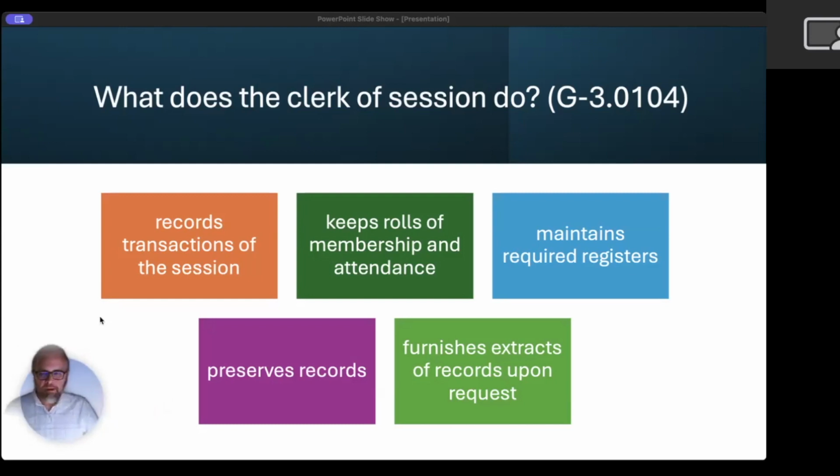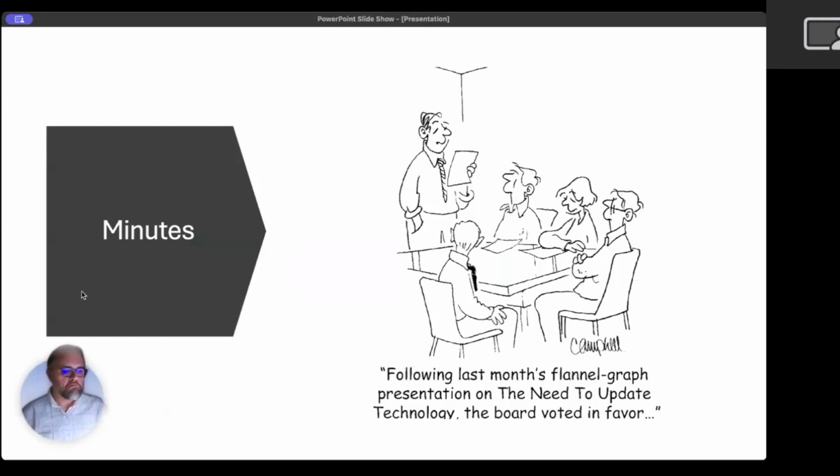We're going to talk about the first of these boxes, recording the transactions of the session. This is better known as the minutes. This is one of my favorite cartoons that shows up sometimes. The minutes could be such that you stand up and you read them: following last month's flannel graph presentation on the need to update technology, the board voted in favor of whatever you voted for.